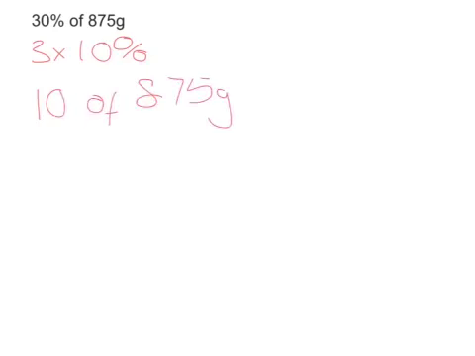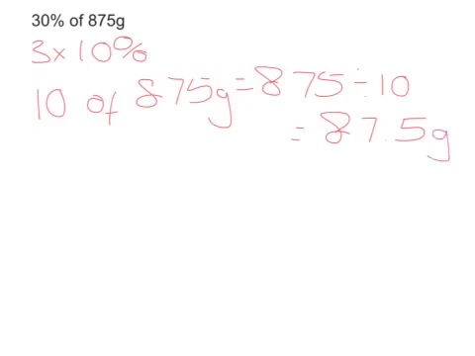Okay, now we've got 30% of 875. Now 30% is just 3 sets of 10%. So 10% of 875 grams is just 875 divided by 10, so 87.5 grams.